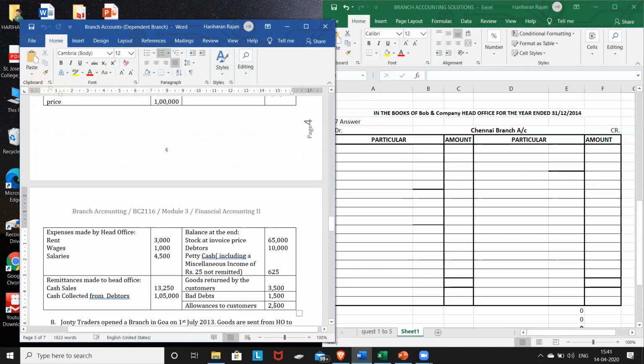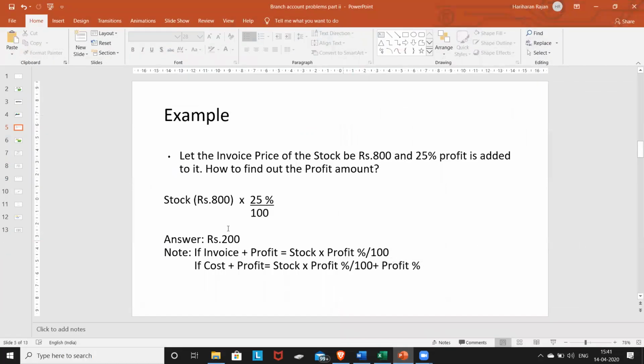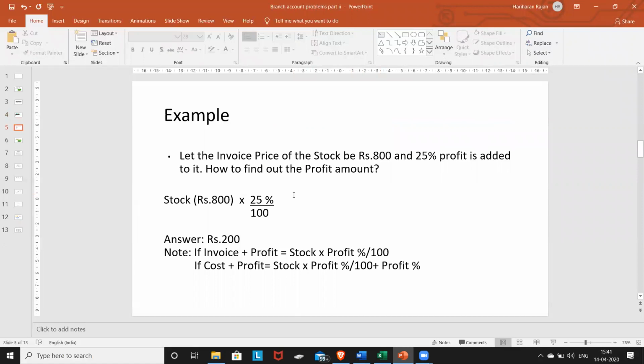So it is very clear that the debtors' closing information and other information are given, but the opening of debtors is not given. So we have to prepare the debtors account also. If you remember the formula, it is very simple: stock into percentage. If it is on invoice price, the formula is stock into profit percentage, let us assume 25 by 100.